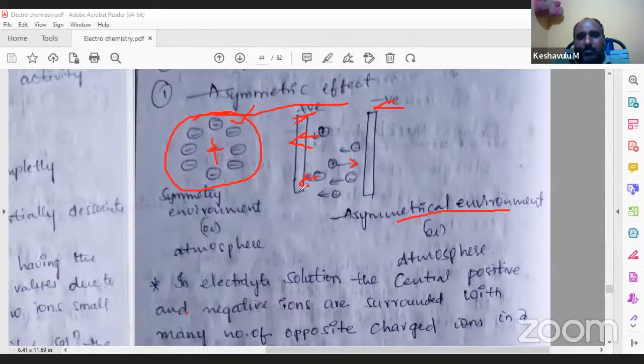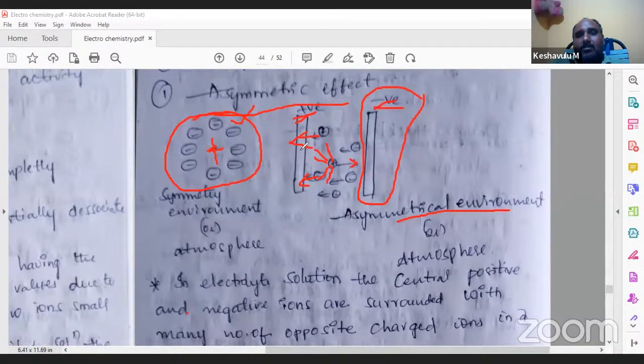Asymmetric effect. So what is relaxation? Whenever the central positive ion moves towards the negative pole, the remaining negative ions restrict, that is, they control the movement of the positive ion that moves towards the negative pole.